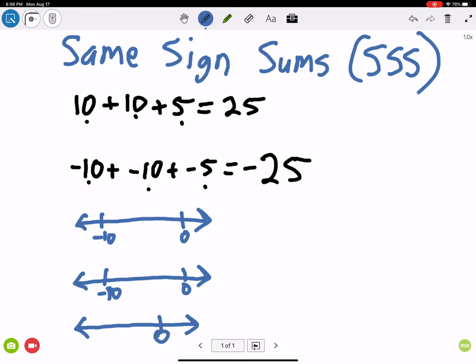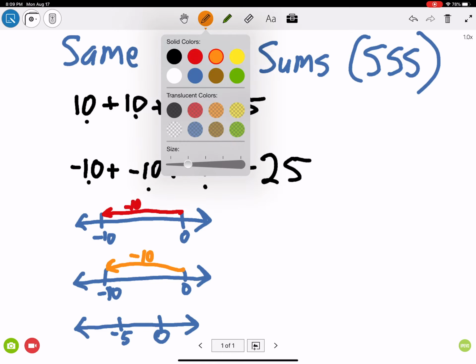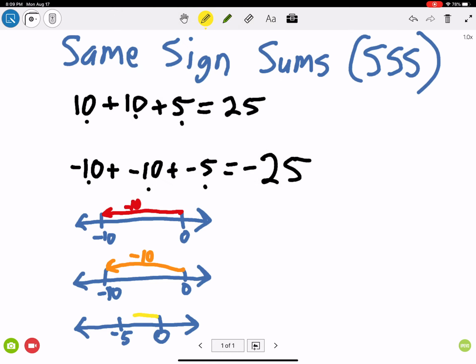And here's negative 5. Well, to go from 0 to negative 10, we're going to the left 10. And the same thing happens here. We're going to the left 10. And then when I go to negative 5, I'm going to the left 5.